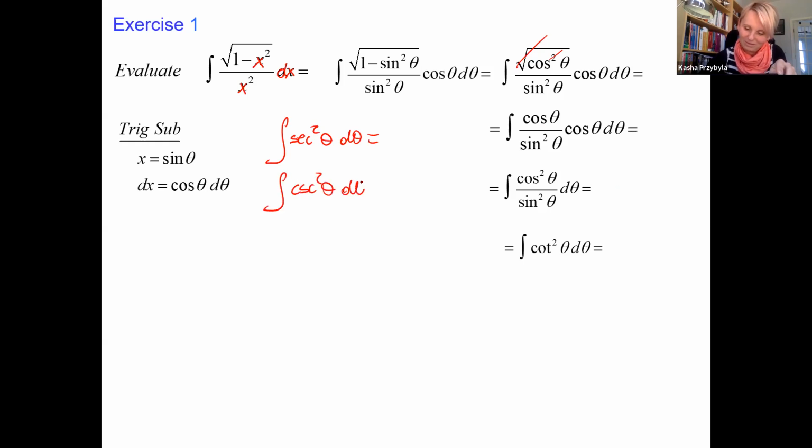That's what I meant. Tangent squared and cotangent squared, we don't know. What is the integral of secant squared? It's tangent theta, because the derivative of tangent is secant squared. And cosecant squared, it's negative cotangent theta.